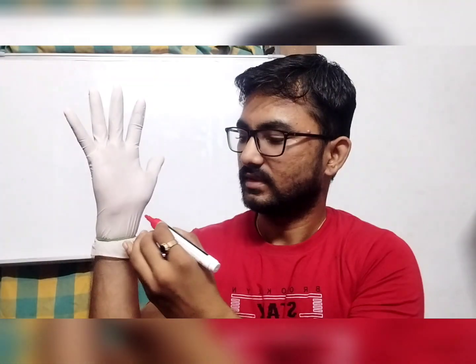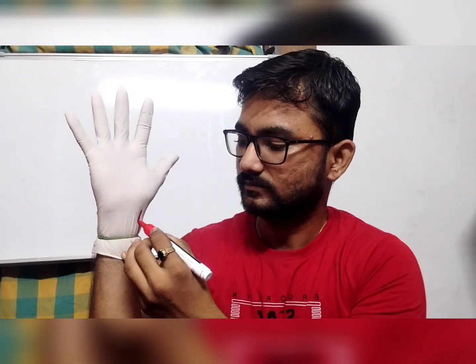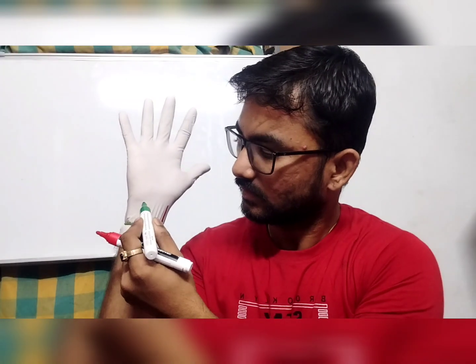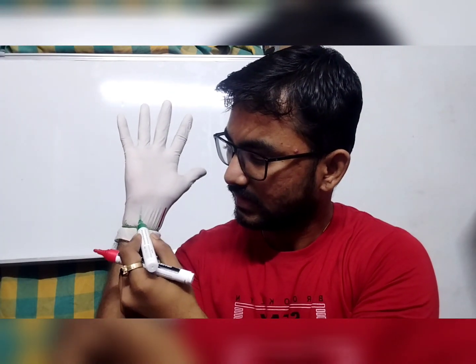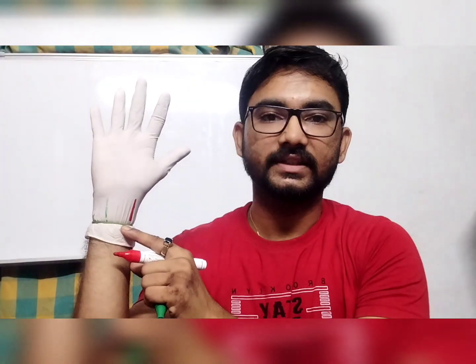The hand is supplied majorly by two arteries, the radial artery and the ulnar artery. Think of this red color as the radial artery and green as the ulnar artery.